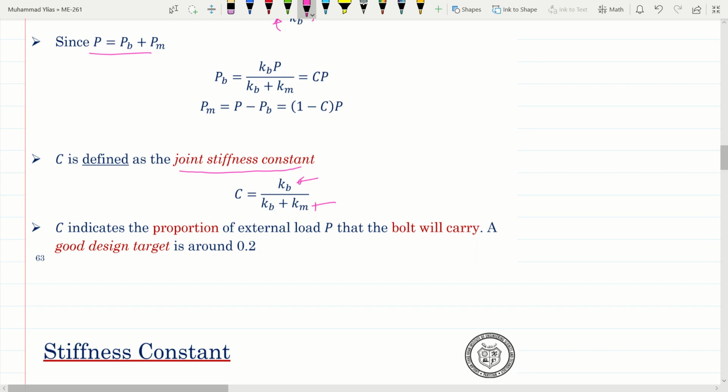So this C indicates the proportion of external load being carried by the bolt, and usually the good design target is around 0.2, that is 20% of load will be carried by the bolt and 80% of the load will be carried by the members.